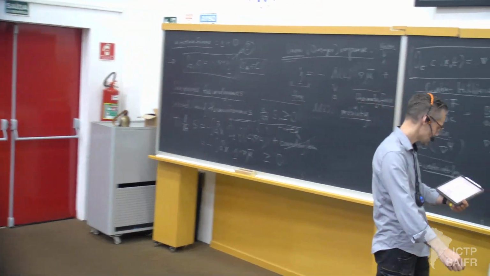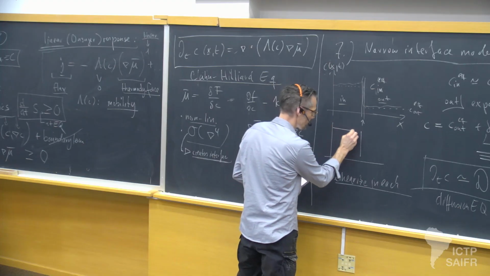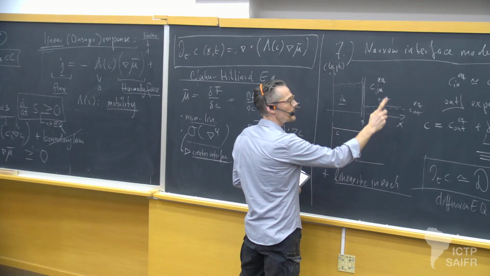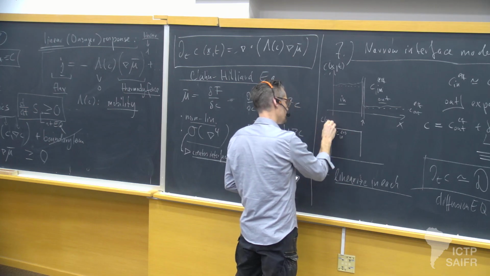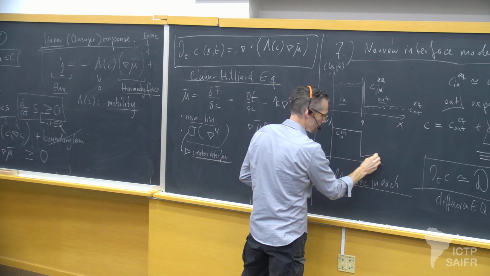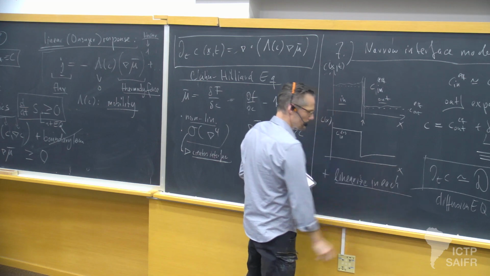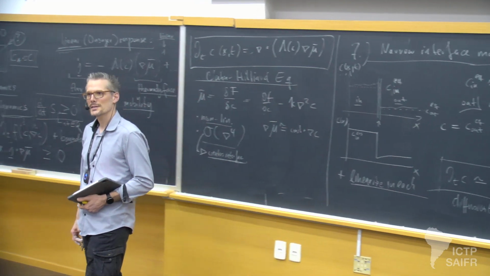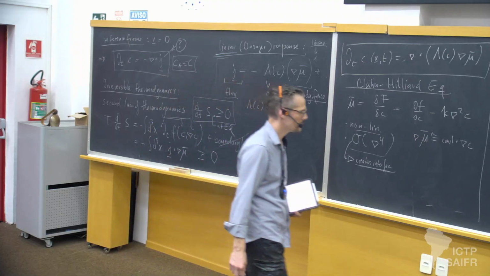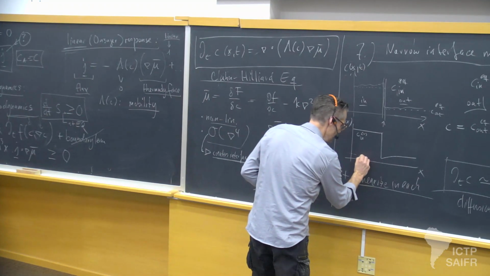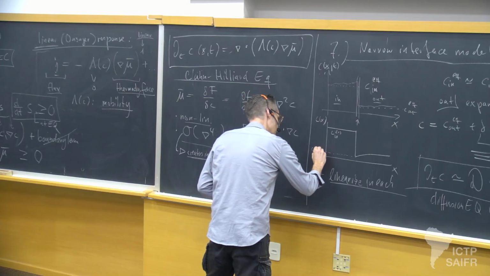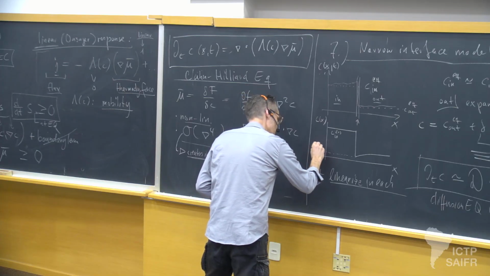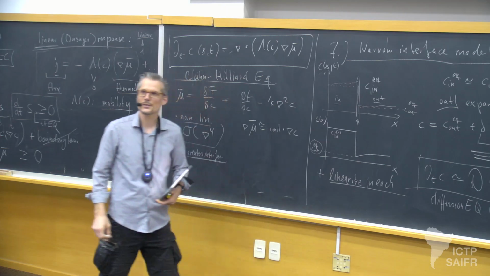So the associated problem then looks like this. It doesn't mean that outside it's flat, because outside I still have to make sure that here I have the boundary condition right outside the droplet.